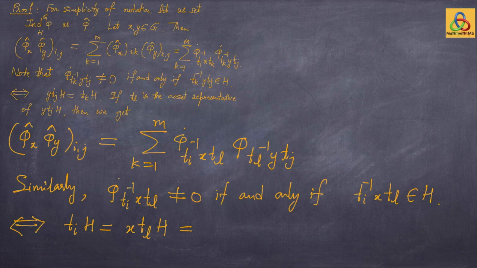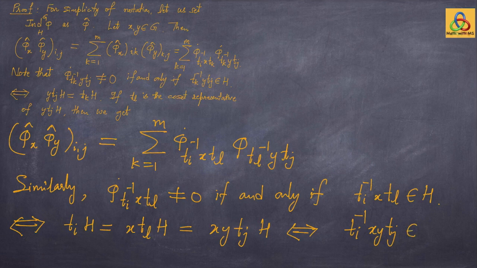TL H is the same as y Tj H. So that is the same as x y Tj H, which happens if and only if Ti inverse x y Tj is in H.